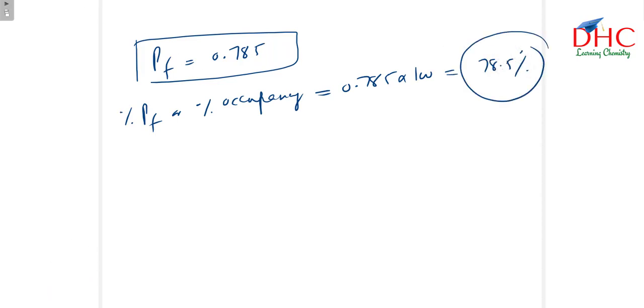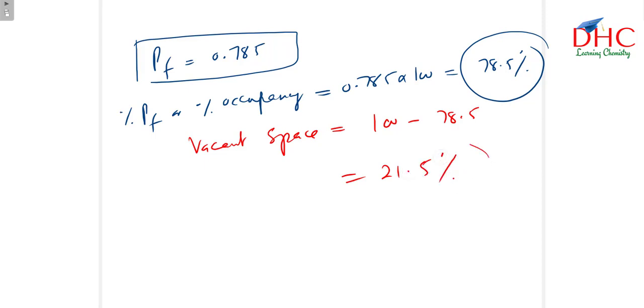And now vacant space कितनी बचेगी, vacant space is equal to 100 minus 78.5, that will come out to be roughly around 21.5%. So this is the vacant space and this is the percentage occupancy. This is the packing fraction or occupancy of that particular unit cell.